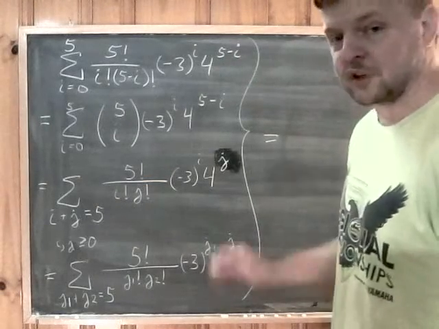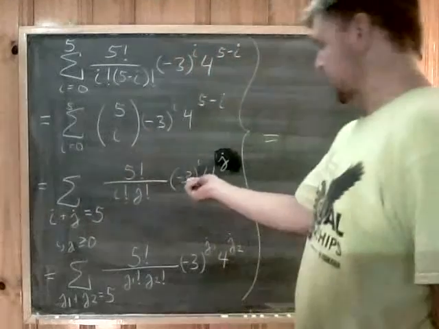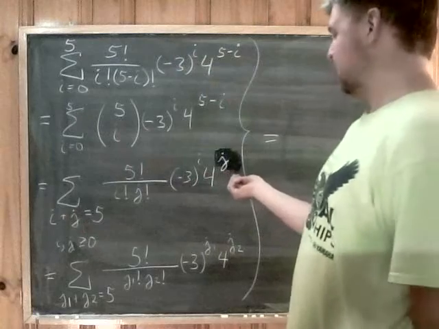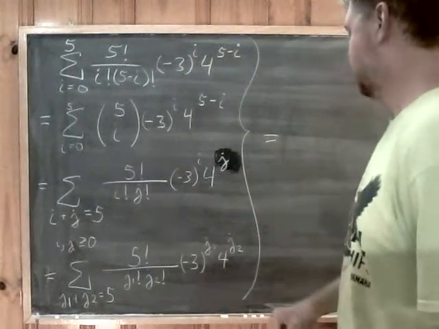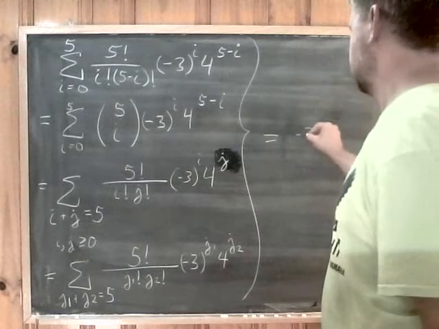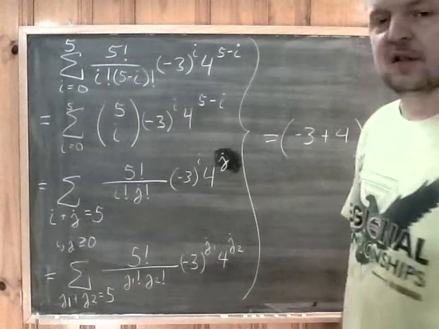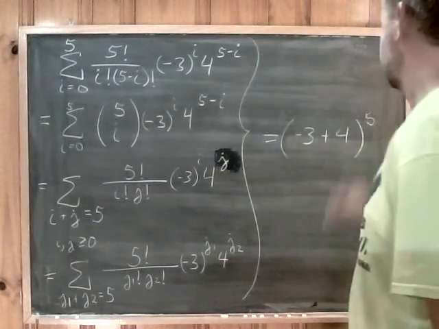So now that I know there's only two items being added together, or a binomial, that means when I look at the end of the problem, there's no need for an extra term multiplied on by 1 or something like that. Instead, I just have -3 and 4. So -3 plus 4, and the big number 5 is the power.